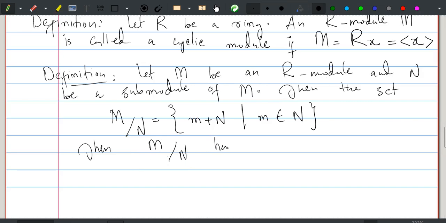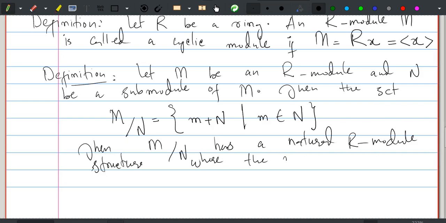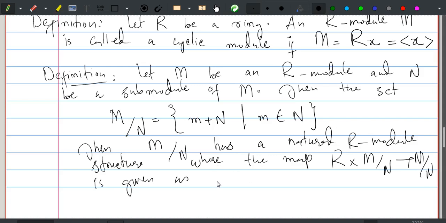Then M mod N has a natural R module structure, where the map R cross M mod N to M mod N takes the pair r and m plus N to rm plus N. So this is the R module structure on M mod N.